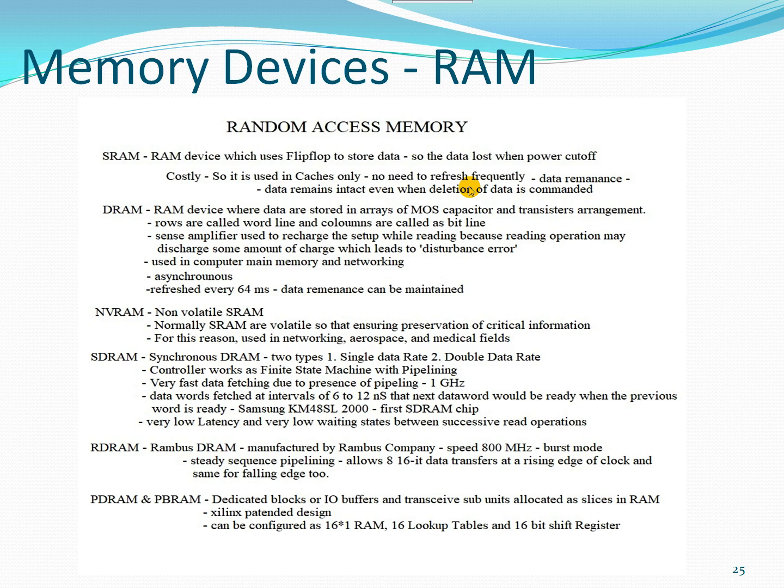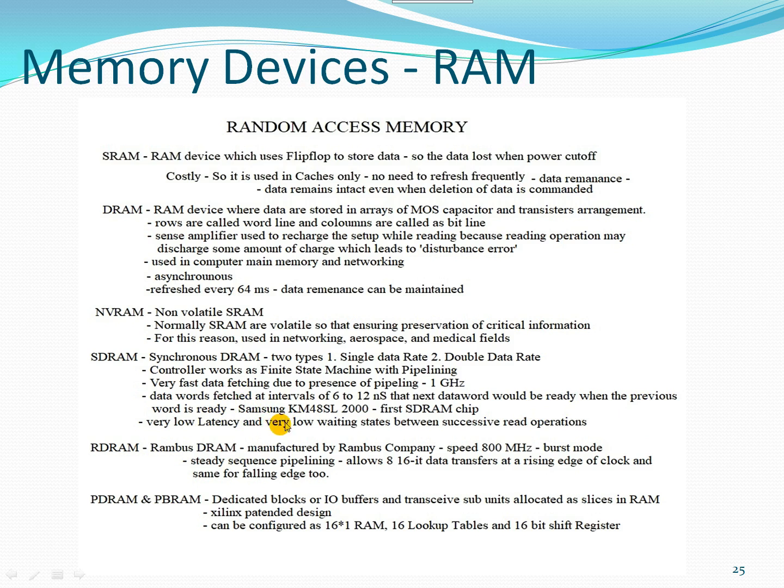So very fast data fetching is possible due to the presence of pipelining. We can achieve up to 1 GHz speed of data fetching. The data words are fetched at intervals of 6 to 12 nanoseconds, so that the next data word is ready when the previous data is ready.